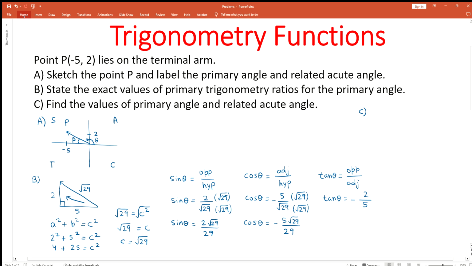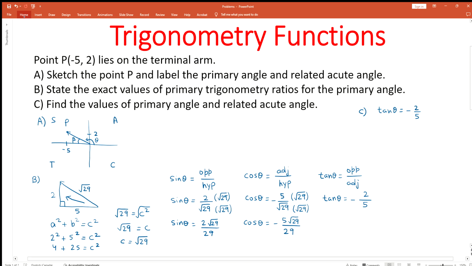Find the values of primary angle and related acute angle. We can find these values from any of the 3 primary trigonometry ratios we found in part B. Let's use the tan ratio. The primary angle lies in quadrant 2. The first step is to find the value of the reference angle or the related acute angle.